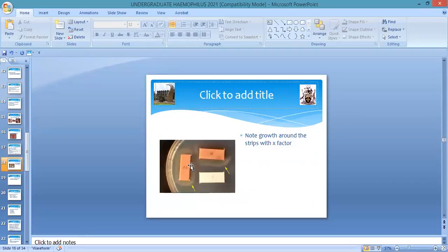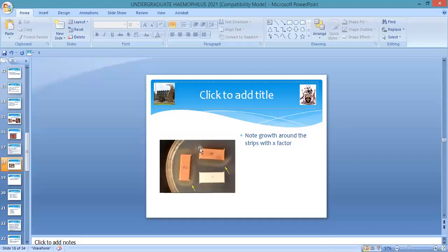So in terms of differentiating it from the other Haemophilus species, demonstrate the ability to grow around strips where you have the X factor. So like for that slide, if you see the strips where you have the X factor, you see growth around those strips, okay?